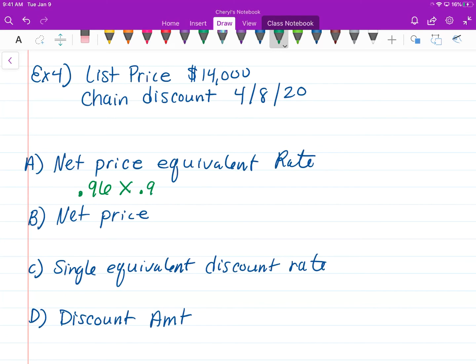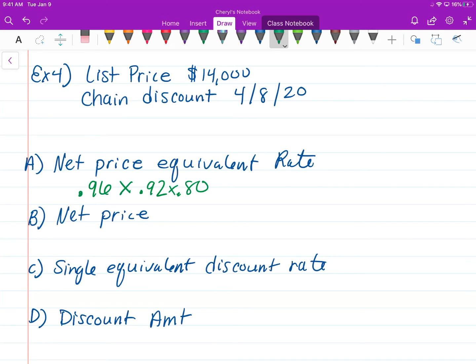So then I'm going to multiply by 0.92. And then the next discount is 20%, which means I have to pay 80%. So then I'm going to multiply it by 0.80. So I'm multiplying to find the net price equivalent rate. I'm multiplying all the complements of the discounts.